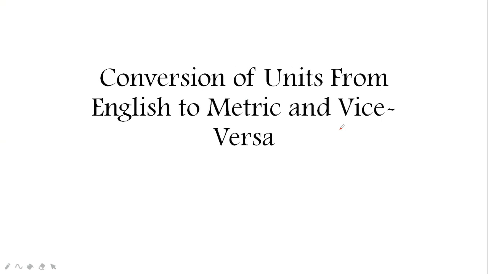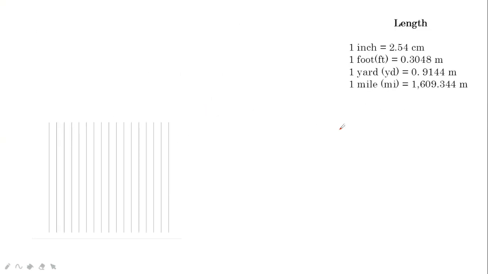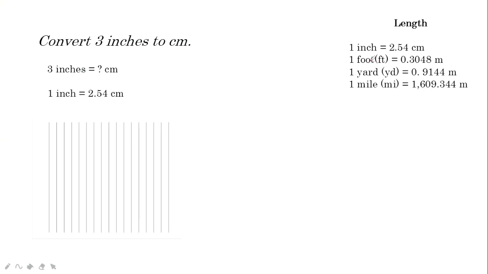Okay, next, conversion of units from English to metric and vice versa. Ayan siya. So, bilisan lang natin. So, 3 inches to centimeter. So, ang 3 inches ay ilang centimeter? Okay, nakikita natin dito na ang 1 inch is equivalent to 2.54 centimeter. So, ang inches nasa bottom, ang centimeter dapat ay nasa taas.